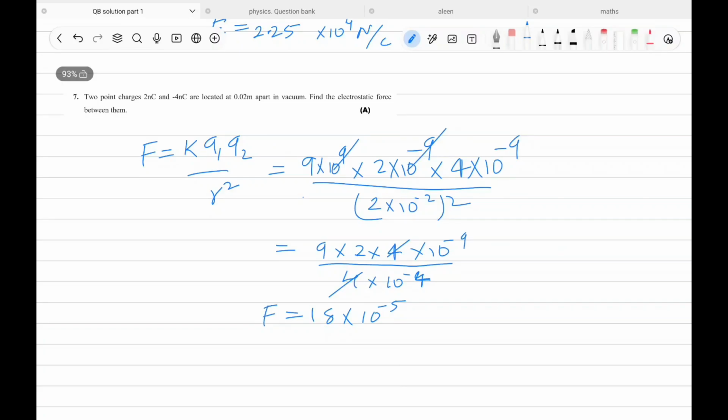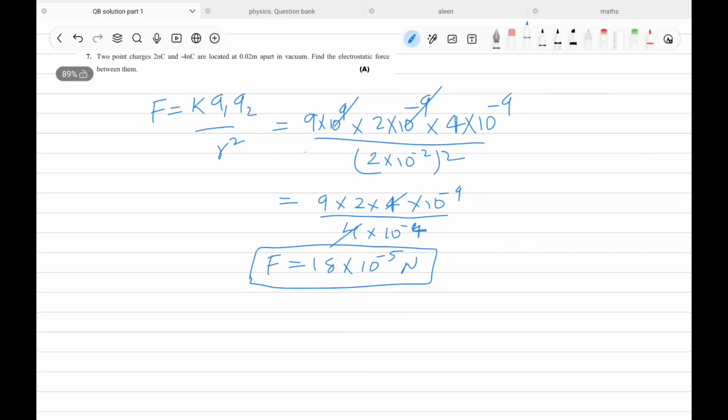Okay, this much force will be there, and it will be an attractive force because there are two opposite charges.